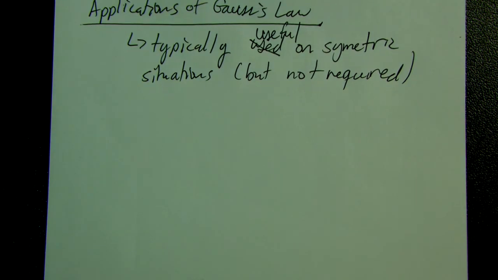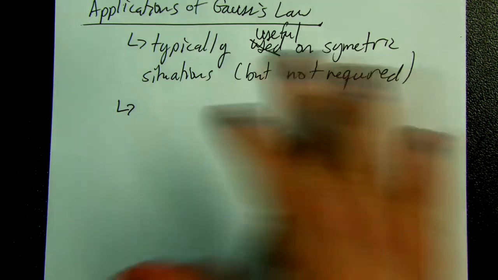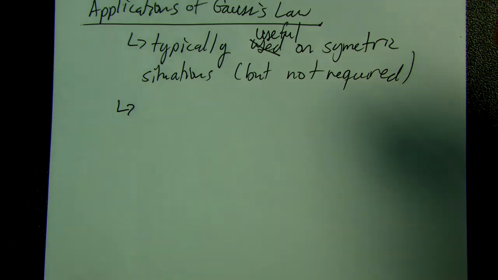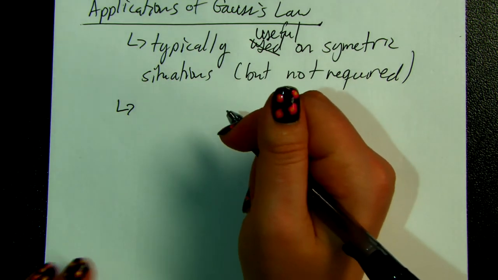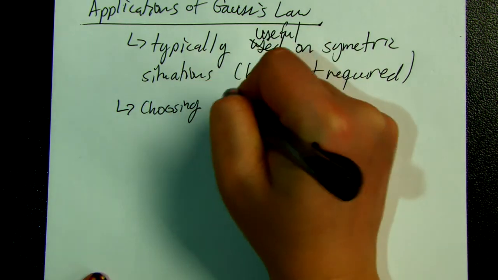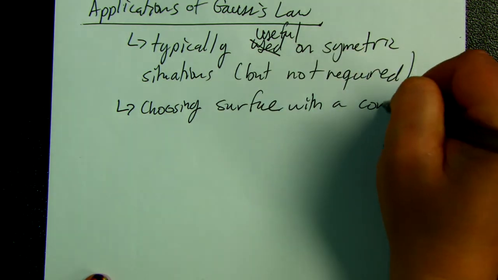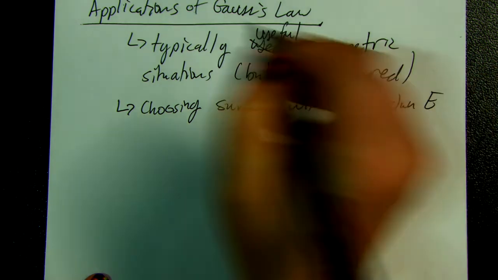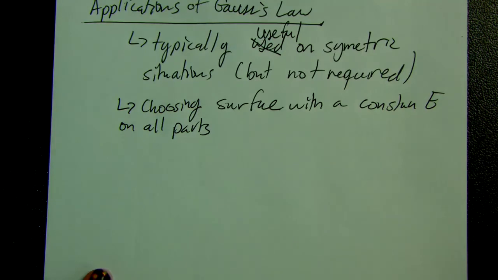All right, so let's walk through some examples. In these examples, we're going to be choosing a surface. This is going to be relevant for this class as you progress. If you do more electromagnetism, you're going to see this be less and less the case. But we're going to be choosing surfaces with a constant E on all parts, or segments where it's constant that you can then sum together.